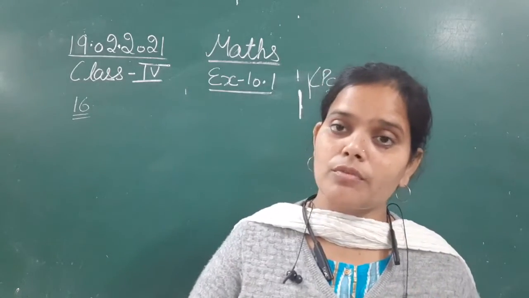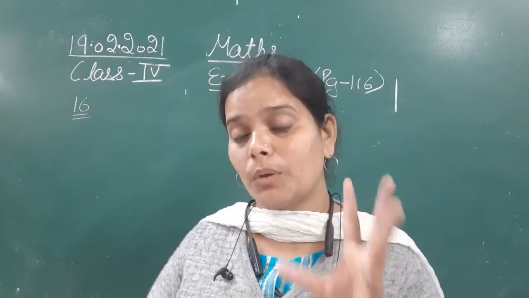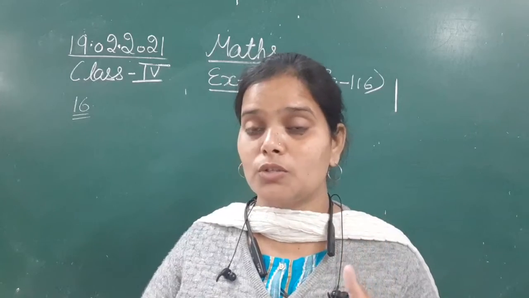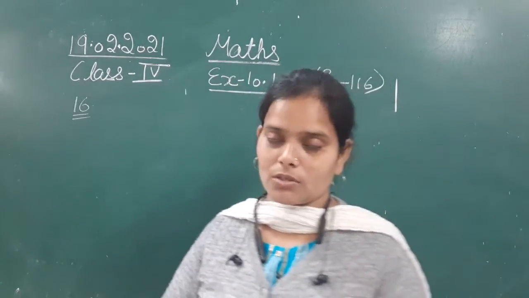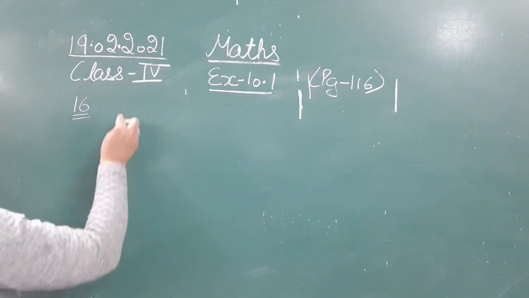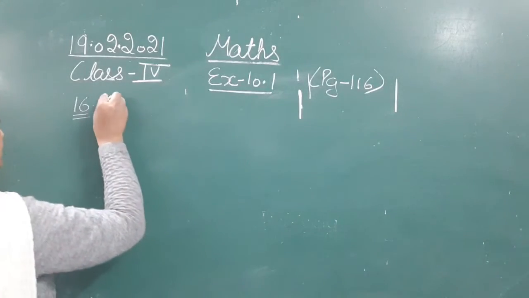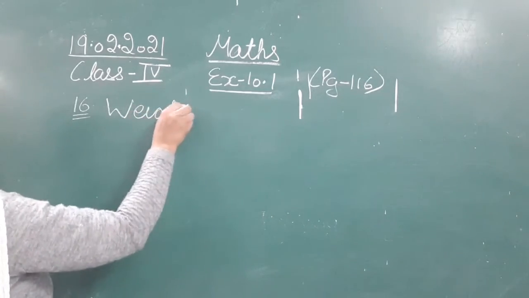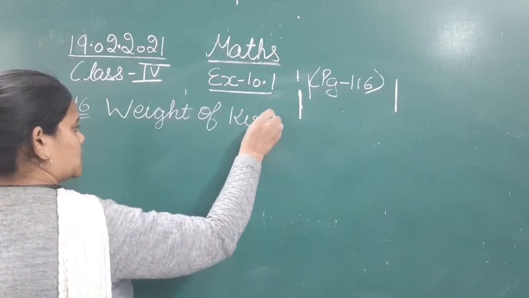So first of all we will calculate the weight of Vimal by adding the weight of Kiran with the weight that Vimal weighs more than Kiran. Okay, so let's do question number 16. देखिए, weight of Kiran is, किरण का weight कितना है?